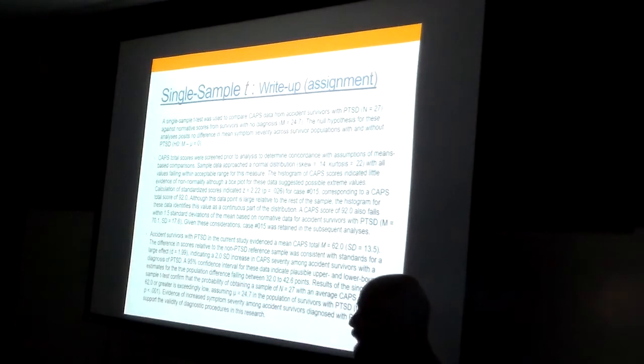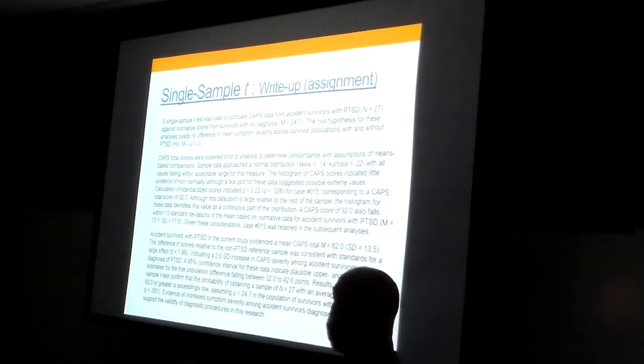Here's a write-up. Again, this is an idea for how I might go about doing this, having done this for a while, if I were to make a write-up for this assignment. You can see that this is kind of involved, right? But as you're going through and reading this, notice what I'm trying to do here, trying to make sure that this is packed with information that's going to let me know that you're understanding what's going on here, right?